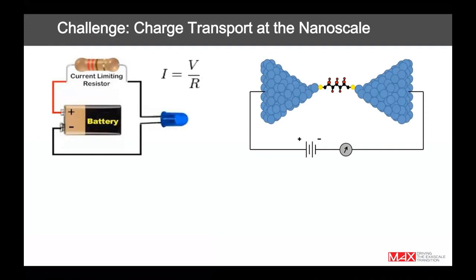We want to do the same in the field of nanoelectronics or molecular electronics, where the devices are very small, molecular size or nanometer size. So in this particular case, I'm showing you two metallic contacts which are contacting a molecule. You can put a voltage between the two metallic leads and some current will flow, and you want to know what is the current or what is the resistance or conductance of the molecular device that you have between your electrodes. How do you do that?